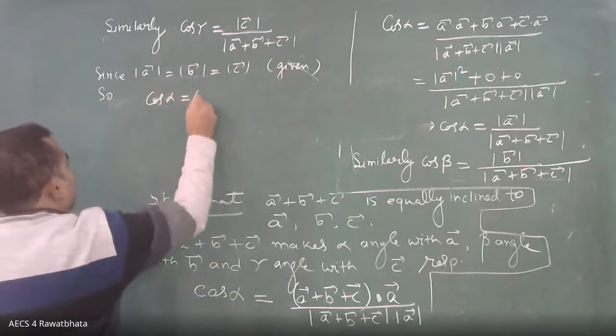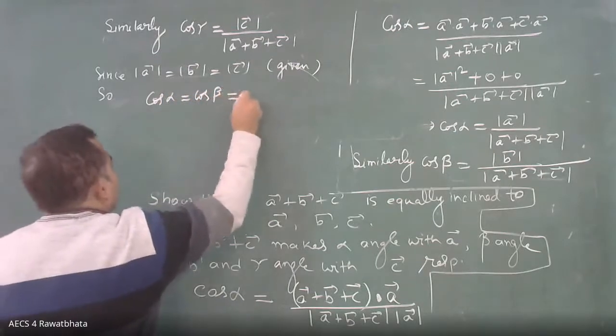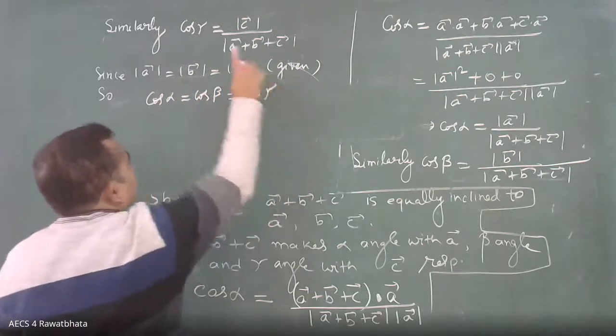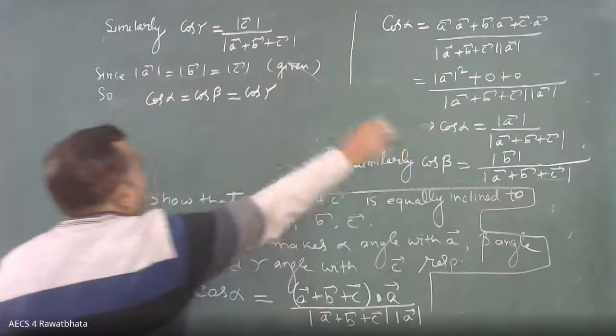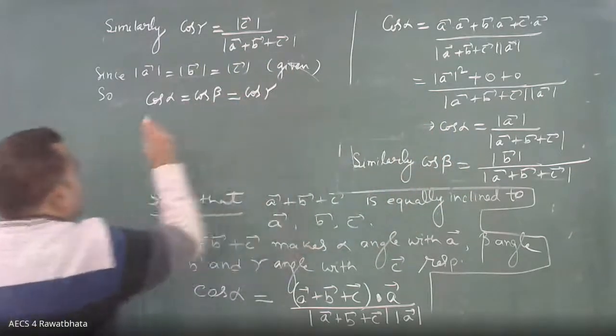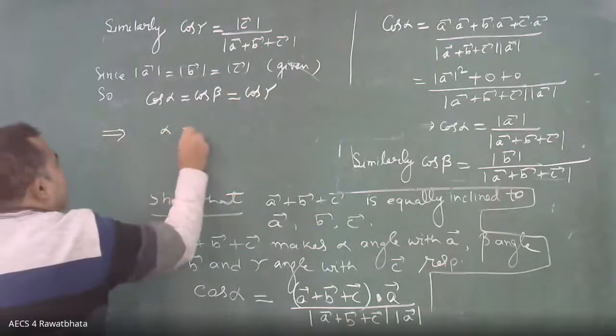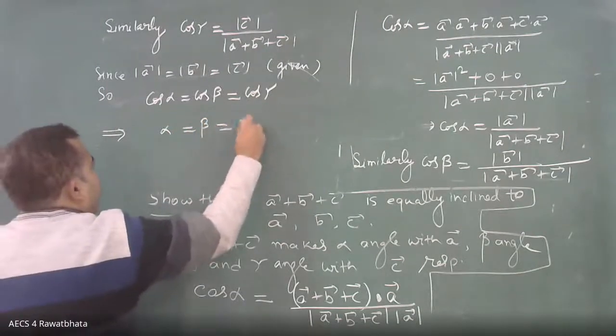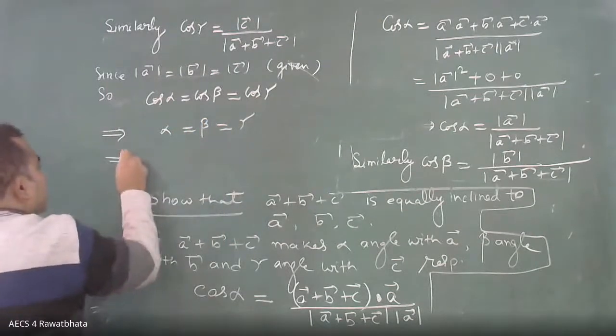So cos alpha equal to cos beta equal to cos gamma. You can check, mod A, mod B, mod C are equal, the denominators are the same, so all three are equal, and it means that alpha equal to beta equal to gamma.